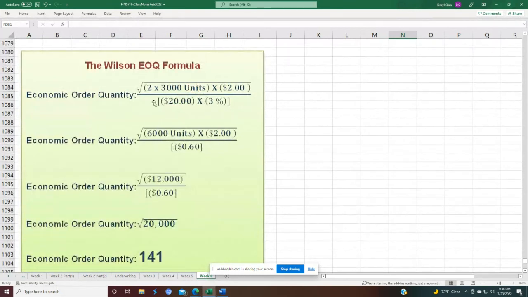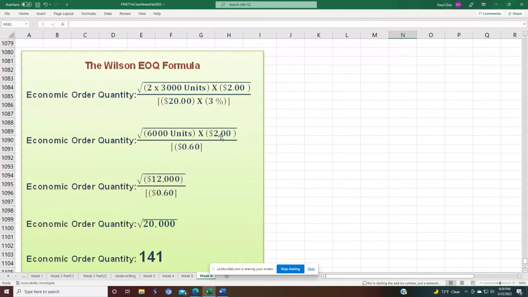Okay. Same calculation, same example here. It's called the Wilson. So the annual demand is 3,000 units in this example. 2 times 3,000. This 2 is how much it costs to place an order, $2. The warehousing cost per unit is equal to 3% times 20, 60 cents.